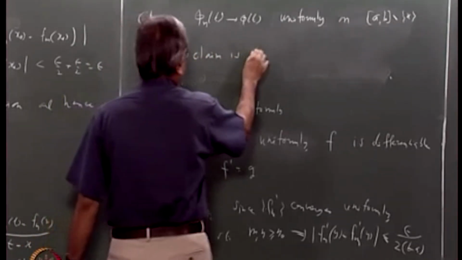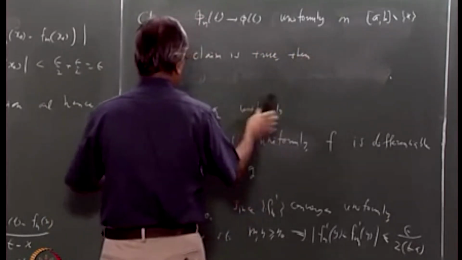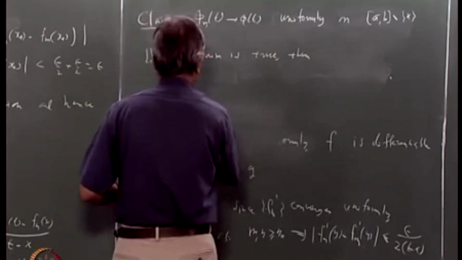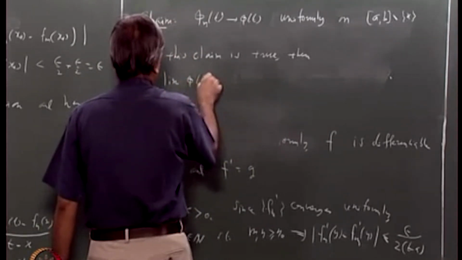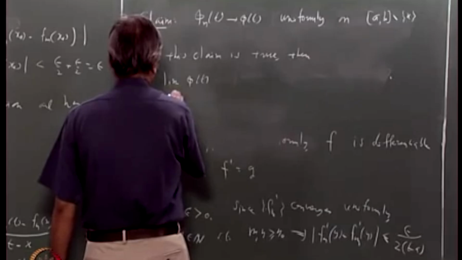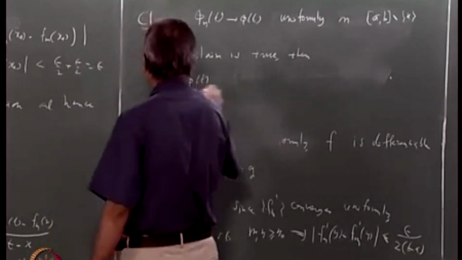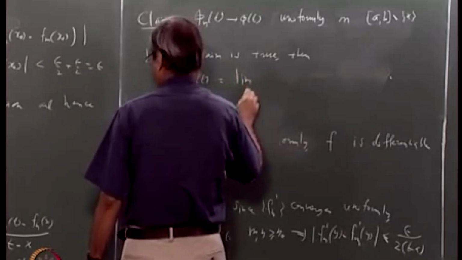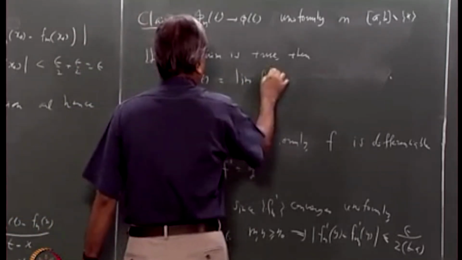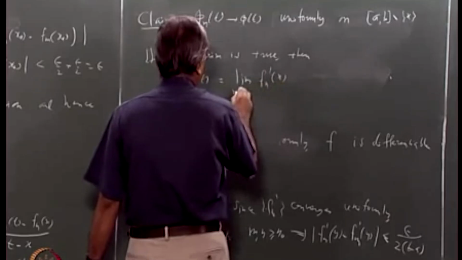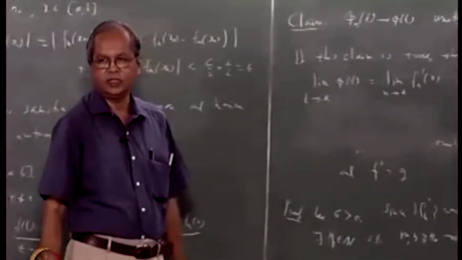If this claim is true, then the limit of phi(t) as t tends to x should exist, and that should be the same as the limit of fn prime(x) as n tends to infinity.